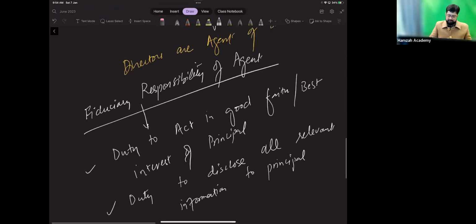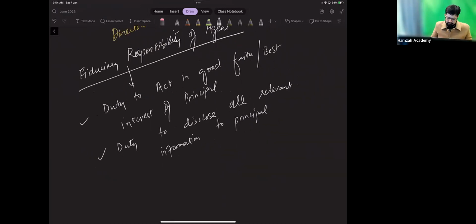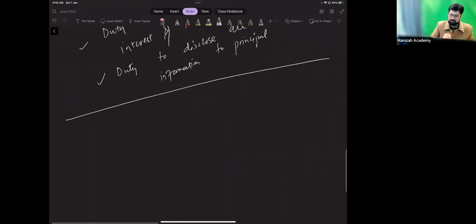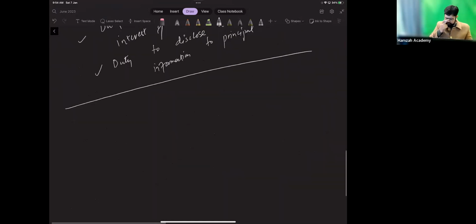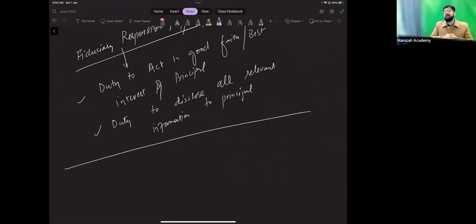Now, next. So, students, let us proceed further. For example, the agent does not fulfill this duty. They go against the interest of the principal. They don't disclose all the information. There is a risk.